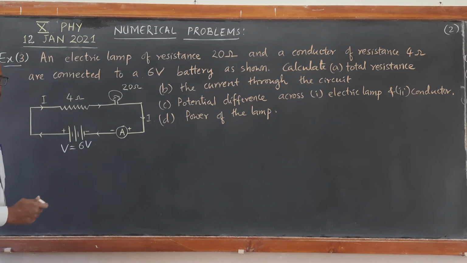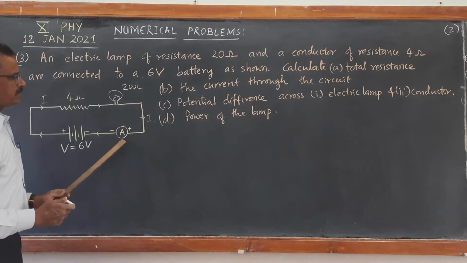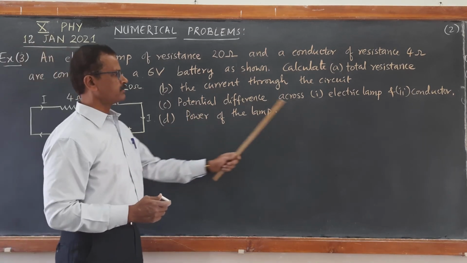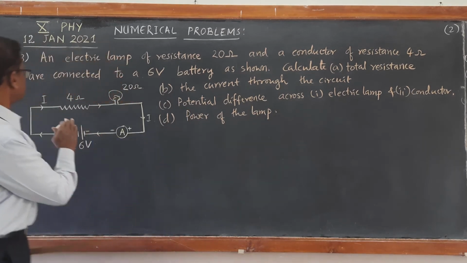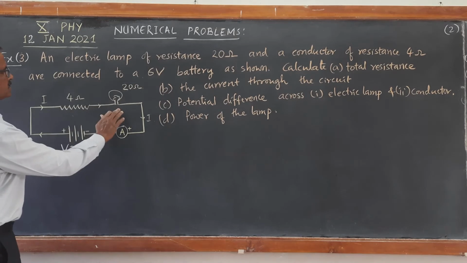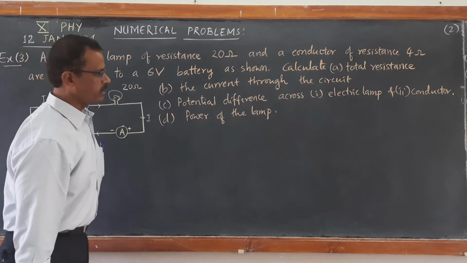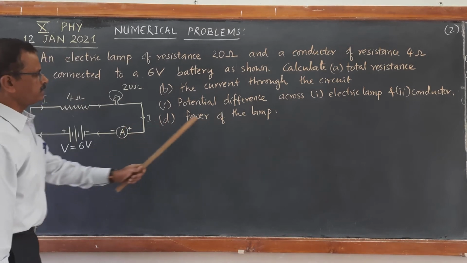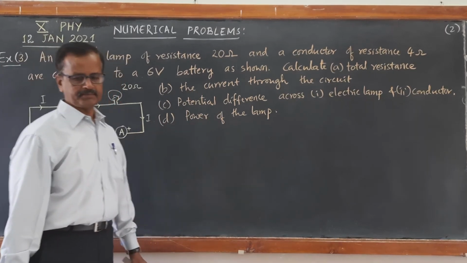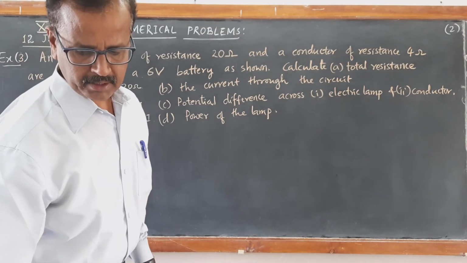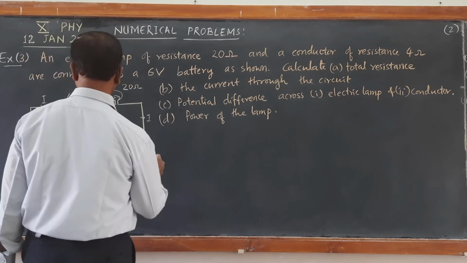So that gives us the total current. That's what the ammeter will read. Then the potential difference across the 4 ohm resistance, and second, the potential difference across the bulb of 20 ohm. Then finally calculate the power of the lamp. Okay. Now let us solve one by one.